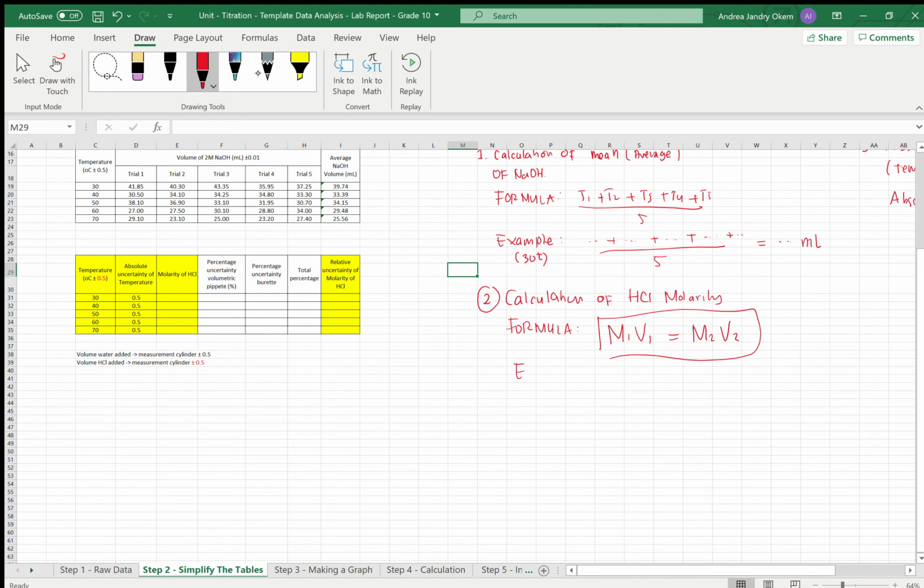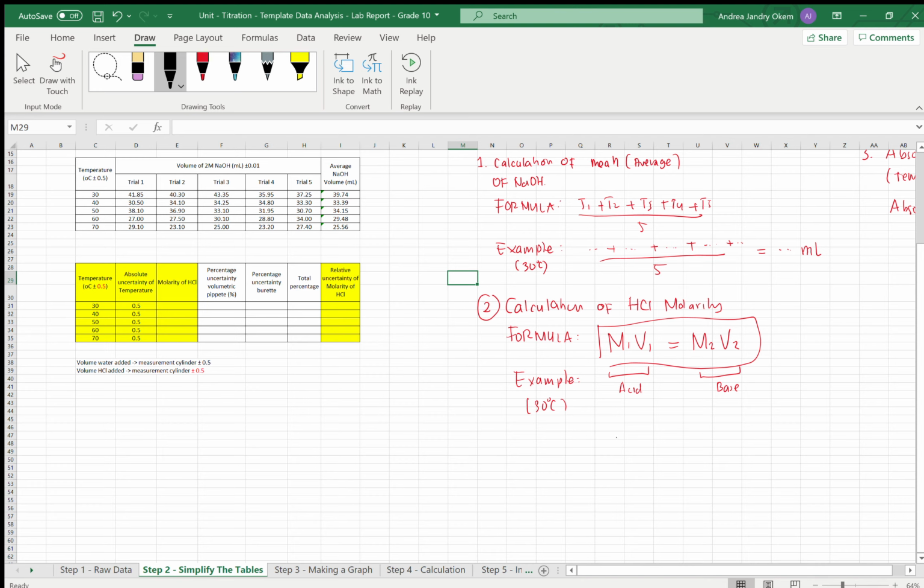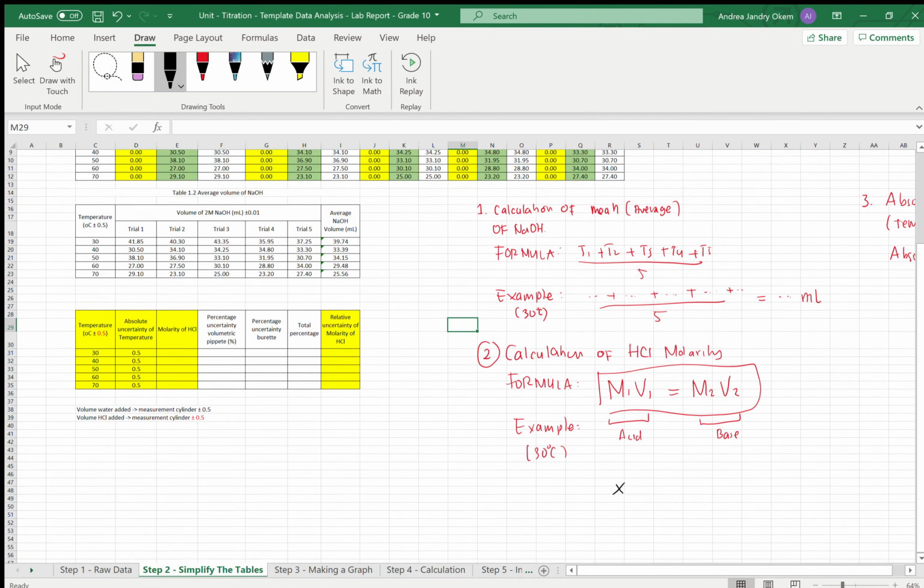Now, the example I will take is from the first IDV, which is 30 degrees Celsius. Number 1 represents acid, number 2 represents base. If I want to find M1, that is the thing that I want to search for, and V1 is the amount of hydrochloric acid.